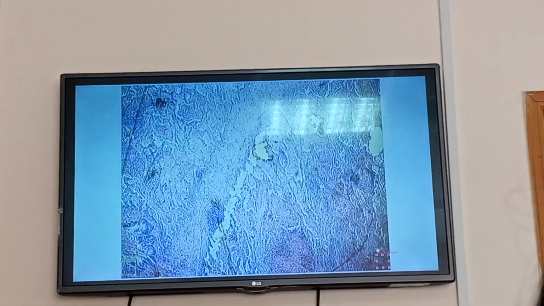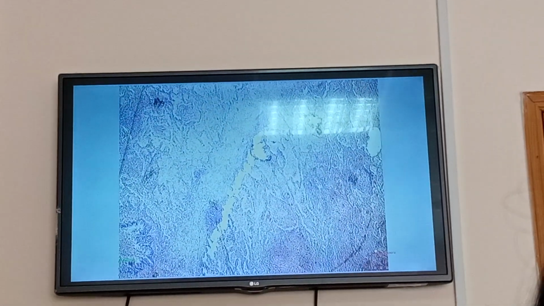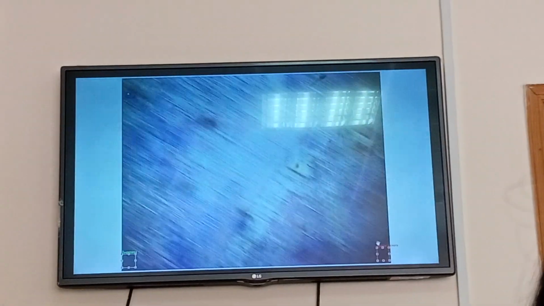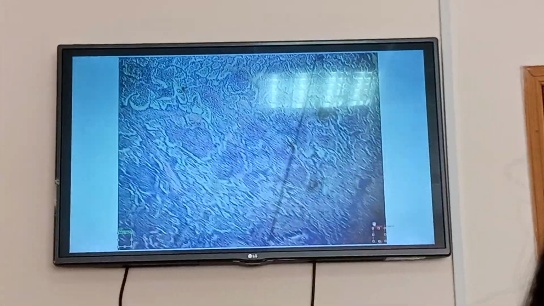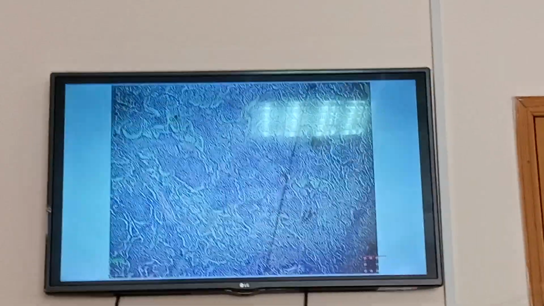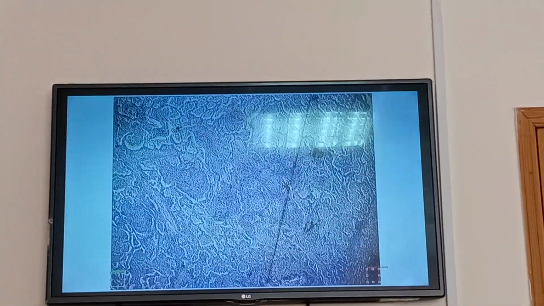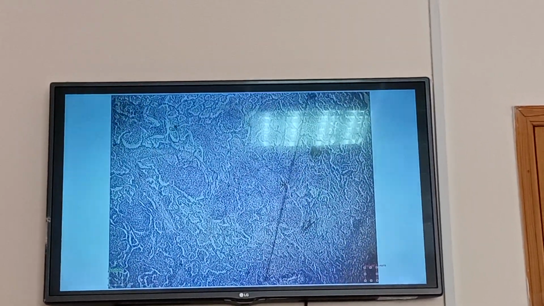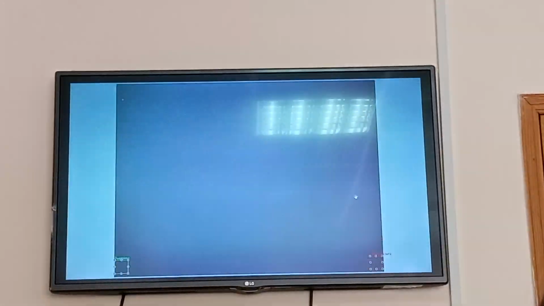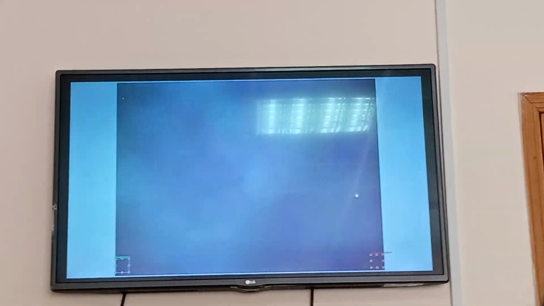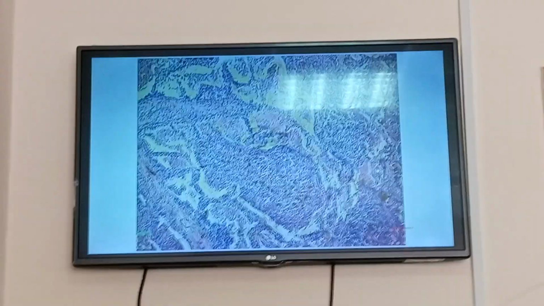Lungs. In lungs, you can find several round-shaped structures, purple in color. Exudate in the lumen of alveoli, alveolar ducts. Let's look at the round-shaped structures, which are small.